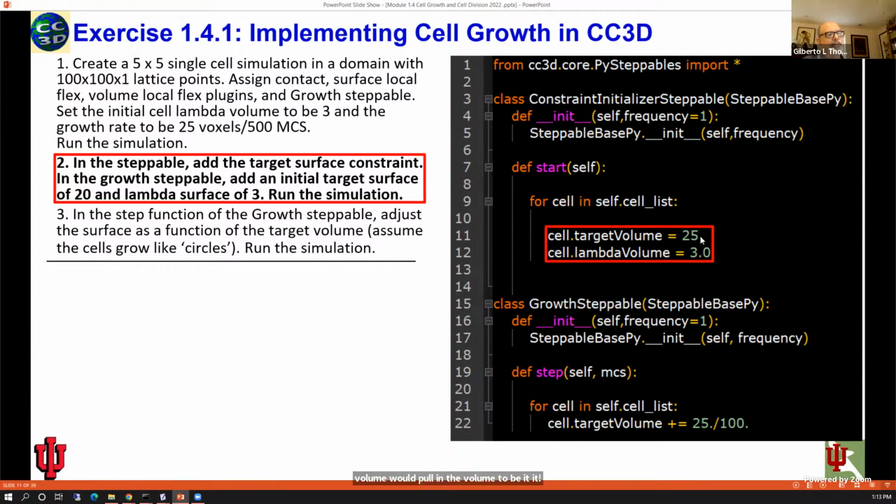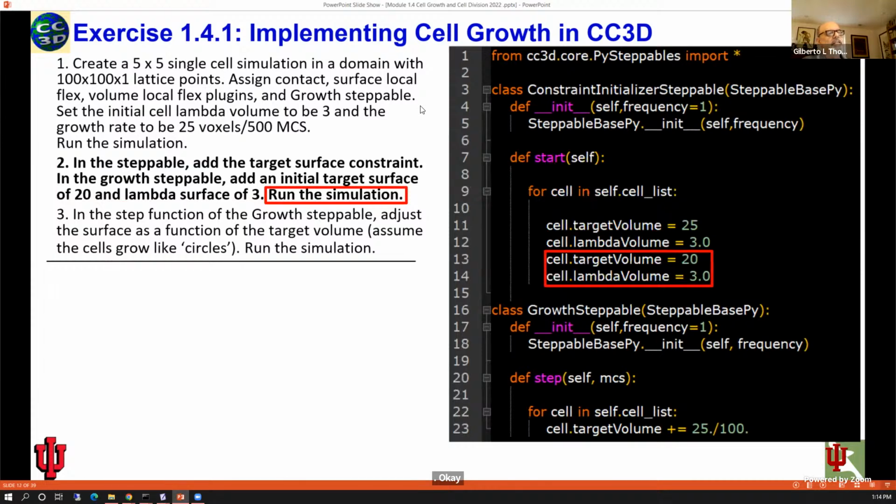You have to just change the numbers. But the surface plugin, you have to type. Okay, that is the change. You add 2 lines with the values proposed in the exercise.